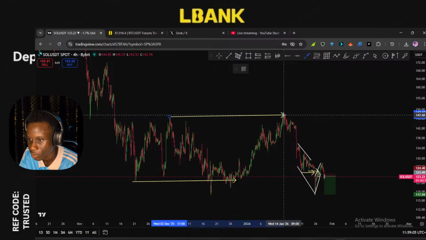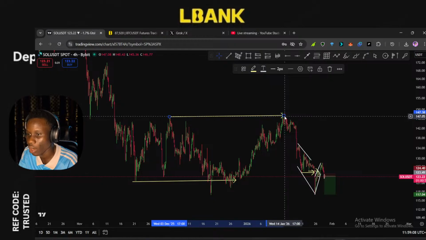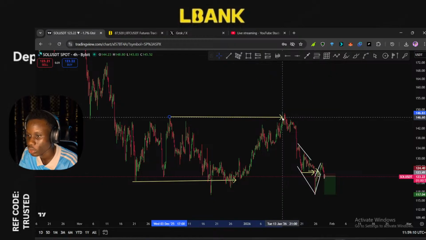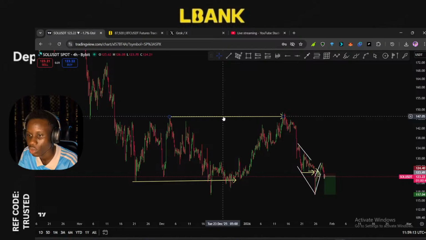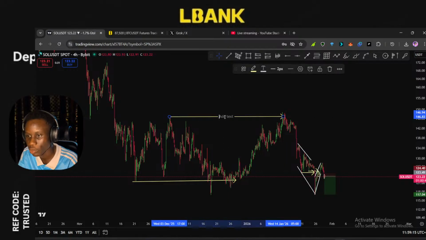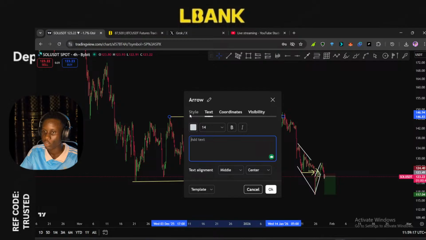You see, knowing how your support and resistance level works will actually help you in knowing your market nature, because most times when this is happening, immediately you can cite your resistance and support. You already solved one of your problems. So this is the resistance level.